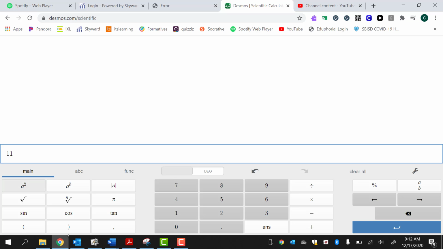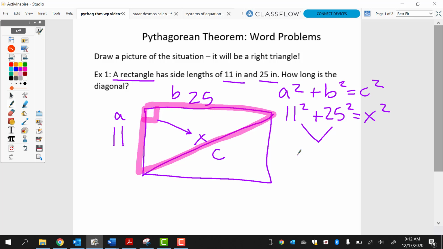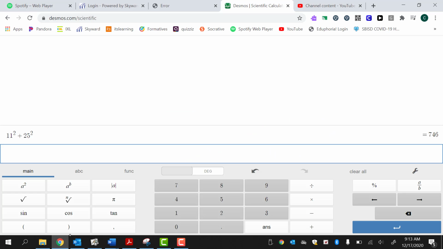So 11 squared plus 25 squared, enter, is 746. 746 is X squared, and then I know I'm supposed to square root and get X equals. And it didn't specify how I should answer. Usually in word problems, you should be rounding to the nearest tenth. That means a decimal. So I'm going to type the square root of 746, and I get 27.31.